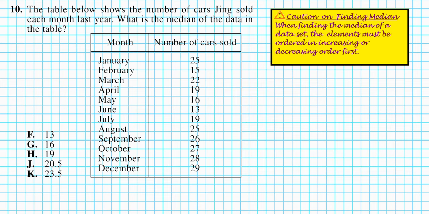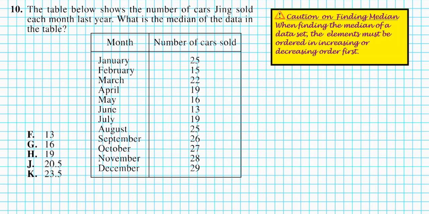The table below shows the number of cars Jing sold each month last year. What is the median of the data in the table? So one thing you want to keep in mind is a caution concerning finding the median: you always want to order the elements of your set in increasing or decreasing order first before you determine the median, okay?